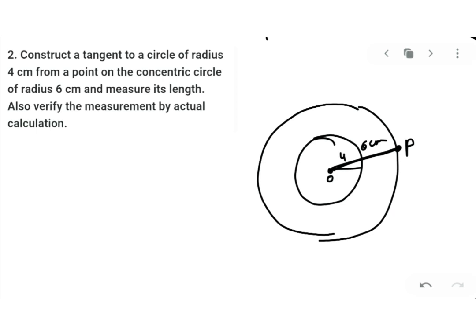You have to draw a perpendicular bisector of OP now. So draw the perpendicular bisector of OP. Name the midpoint M. And now taking OM as your radius, draw one more circle.